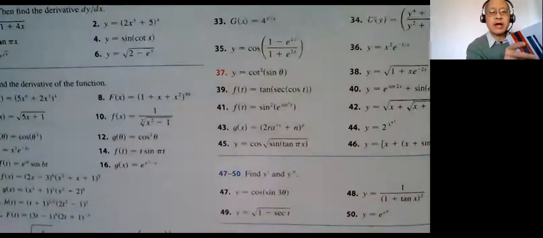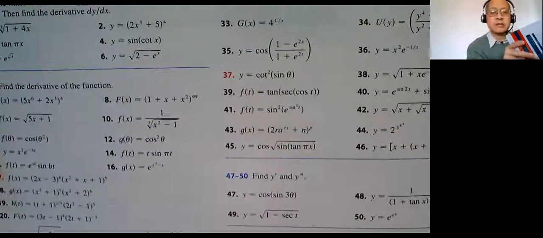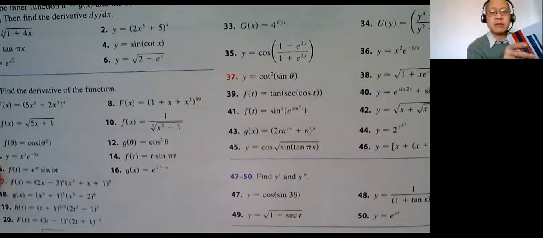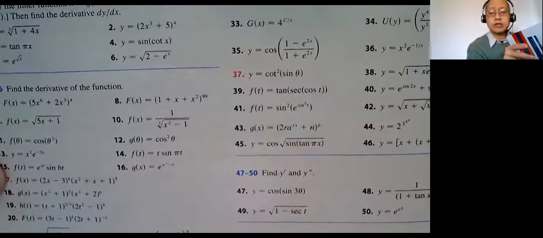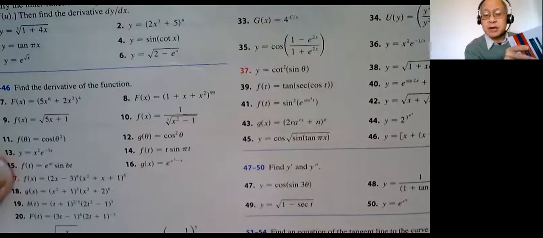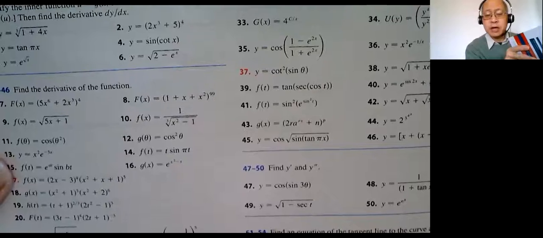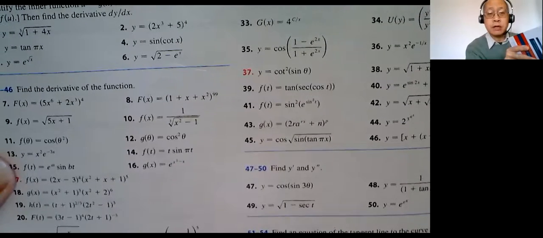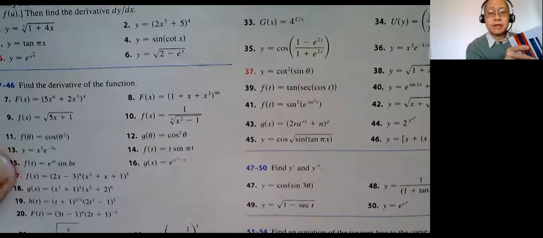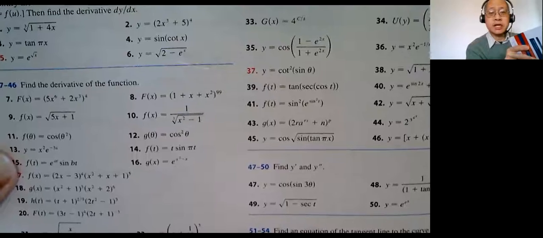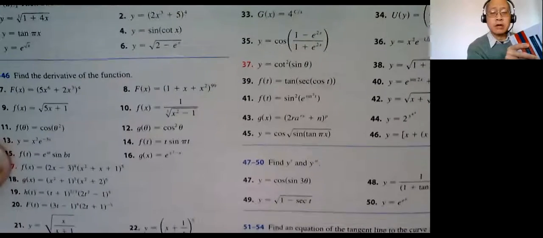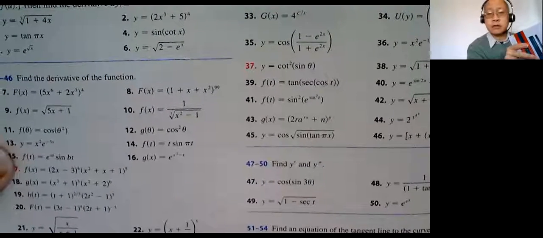F of x is 1 plus x squared to the 99th power. For exponents, use the up caret. That's usually above the 6 on your keyboard. So everybody try number 8 right now, please. When you finish, put it in the chat and you can leave, and I'll see you tomorrow.